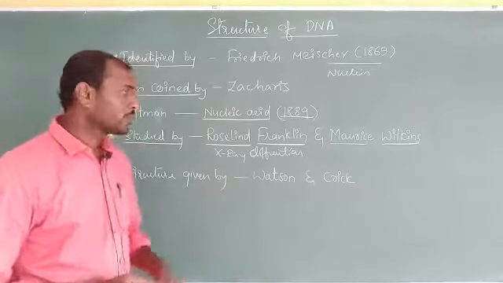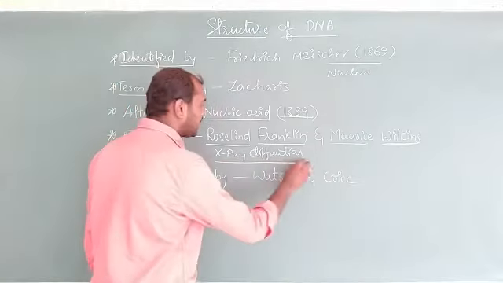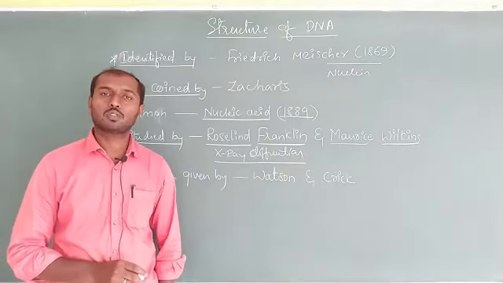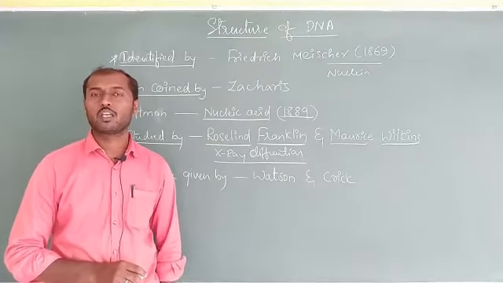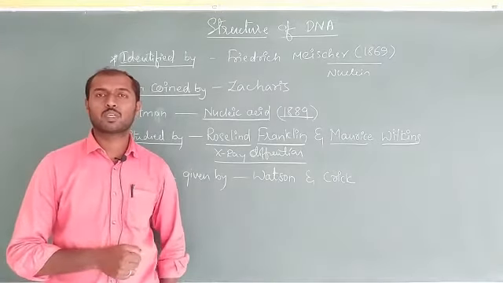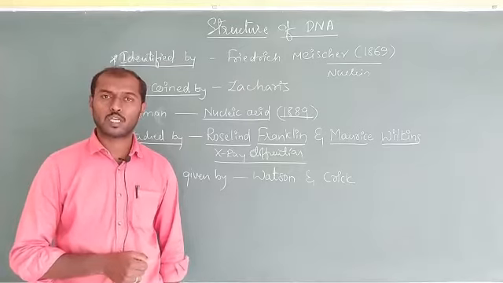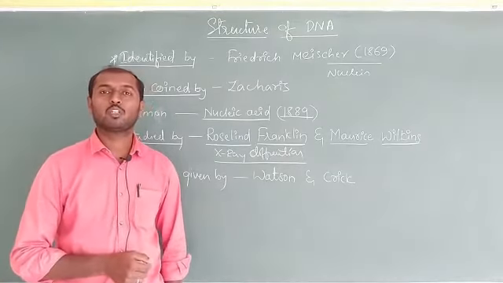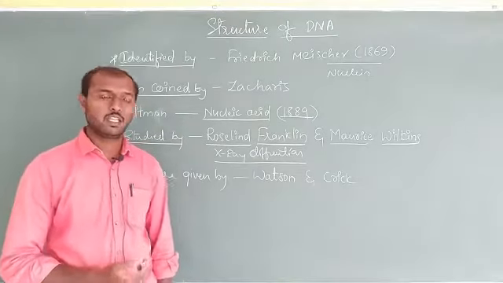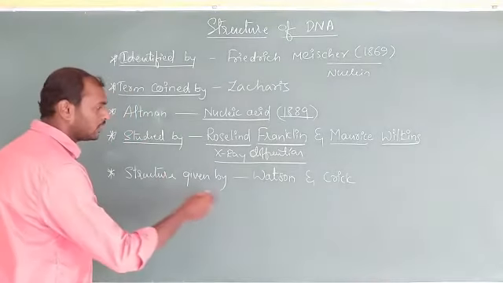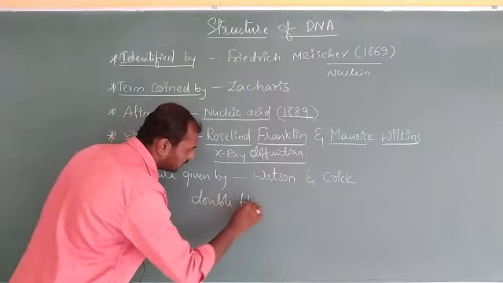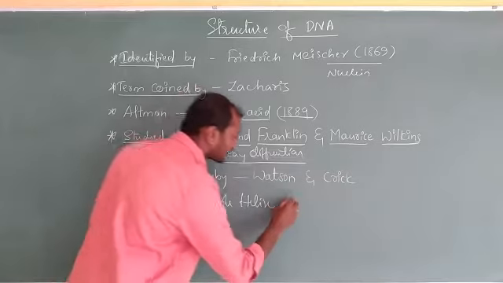Later, using the X-ray diffraction data from Rosalind Franklin as well as Maurice Wilkins, two other scientists worked on that data and were able to establish a well-accepted model of DNA, which we call the double helix structure.